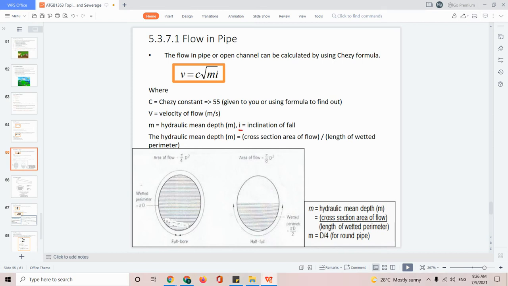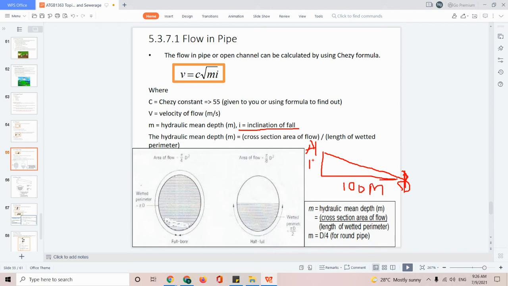Okay, so for your I, the inclination, it is how much the depth changes, meaning from point A to point B, is it 1 meter over 100 meters of difference.